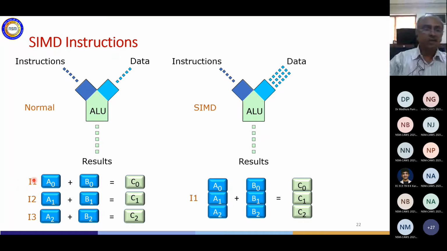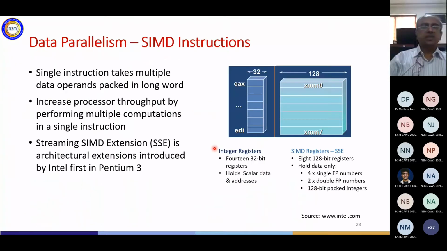Notice the difference. Three instructions I1, I2, I3, whereas here just one instruction which operates on multiple data. So this is how it works.